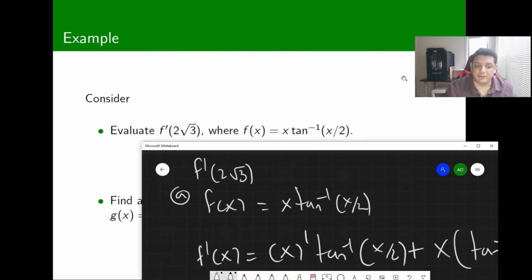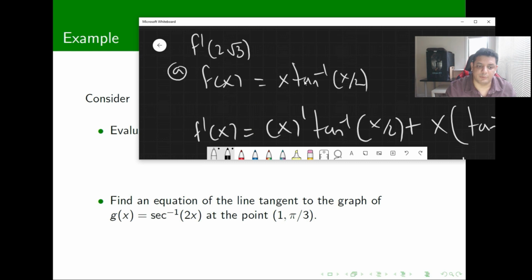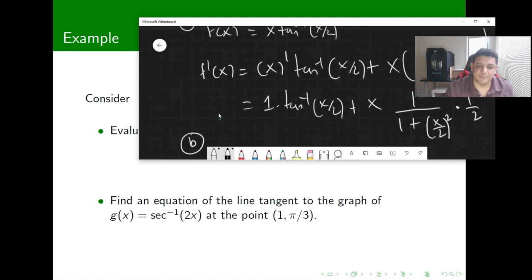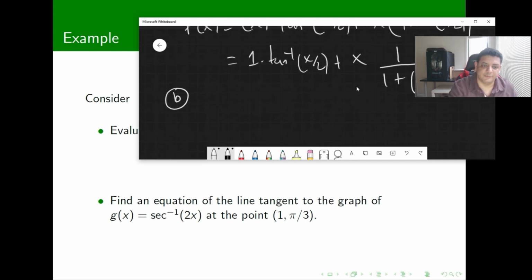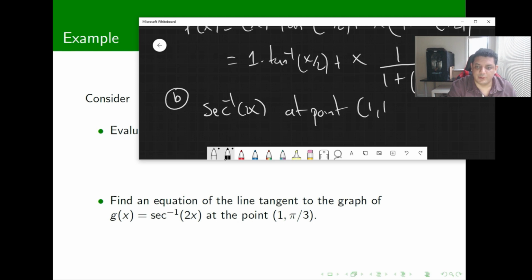Now on part B, notice that we're working with secant to the minus 1 of 2x, and we want to do it at the point 1, pi over 3.